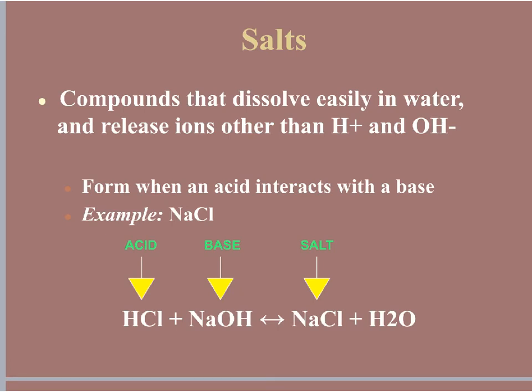Not all substances release hydrogen and hydroxide ions when they're in water. Some compounds that dissolve easily in water release ions other than hydrogen and hydroxide ions. These things are called salts, and salts form when an acid interacts with a base. Here's a really good example. This is called hydrochloric acid. It's pretty nasty stuff. It can have a really low pH.